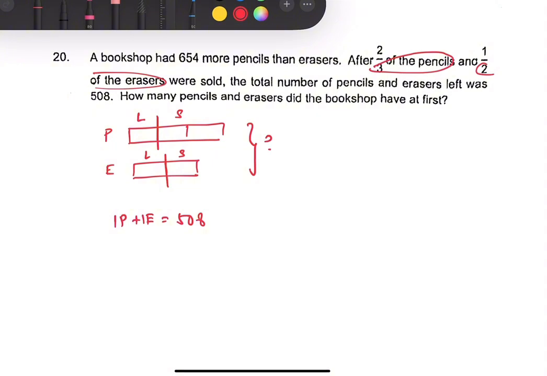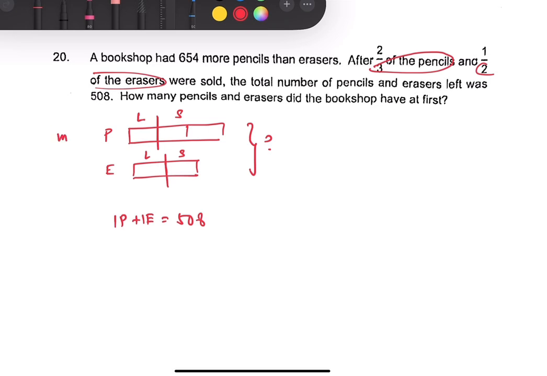So a bookshop has 654 more pencils than erasers. Okay, so that means they are telling us that there are more pencils than erasers.